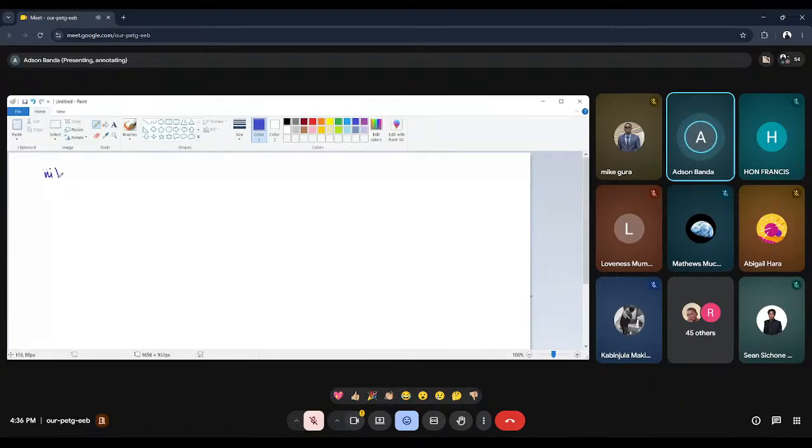So the cotangent, as the name tells you, is the reciprocal of the tangent. And is defined as follows. So you have cot theta is equal to adjacent over opposite.